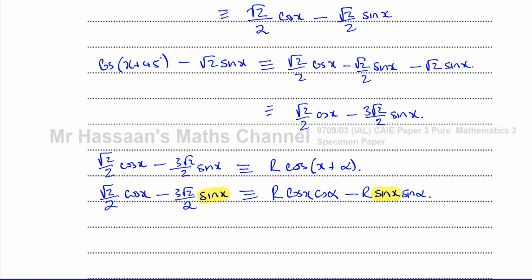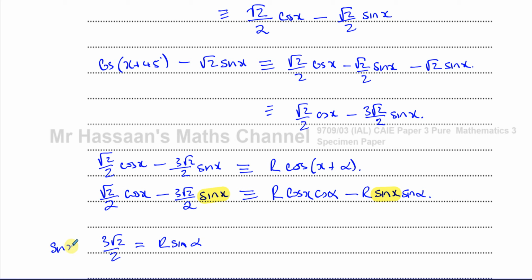The coefficient of sine x on one side must be the same as the coefficient of sine x on the other side, because these two must be identical. So 3 times root 2 over 2 is equal to r sine alpha. That's one equation, by comparing the coefficients of sine x.